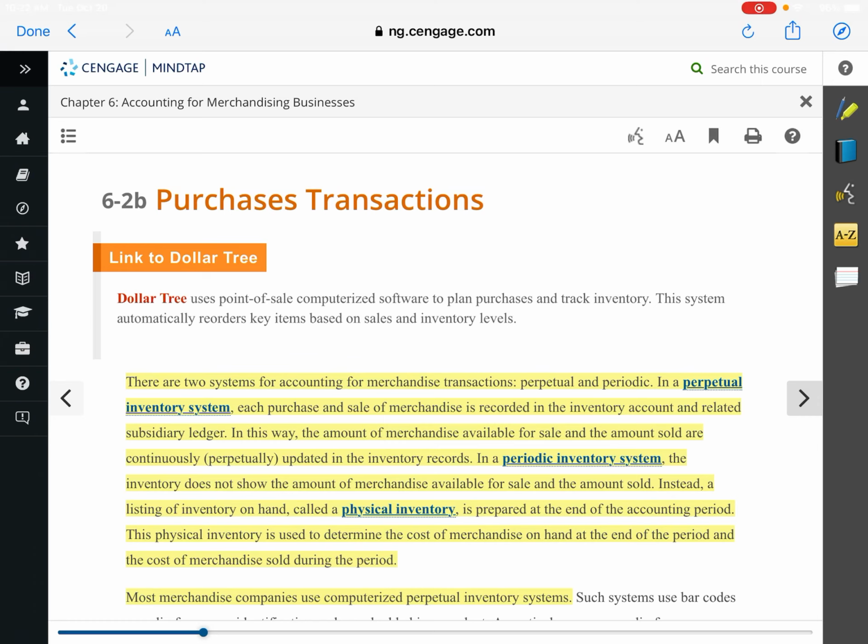All right, so if $3,000 is the original stated price, and they offer a 2% discount, which is $60, then the amount that they pay is $2,940. So that is the amount that would be recorded as merchandise inventory, and then that's the amount that they would owe as an account payable.